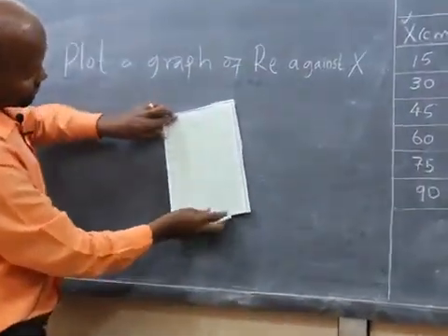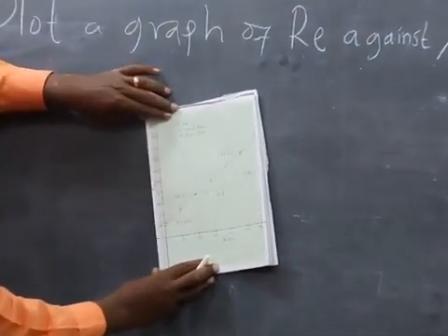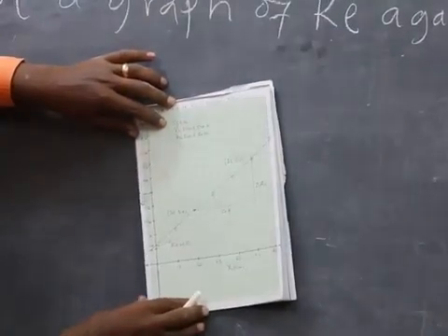As you can see, the graph is a straight line with positive slope and intercept somewhere.